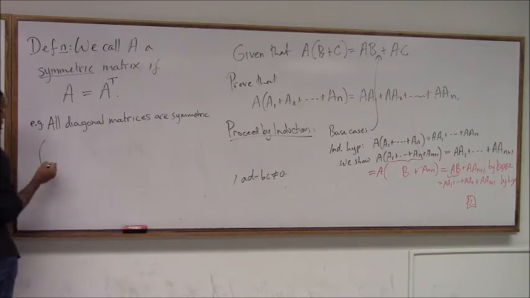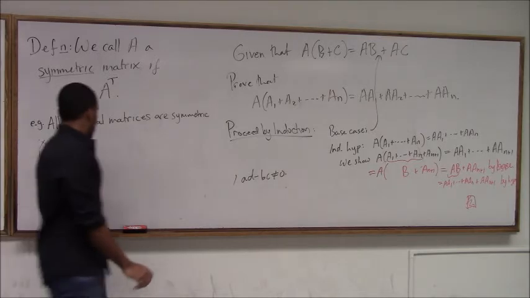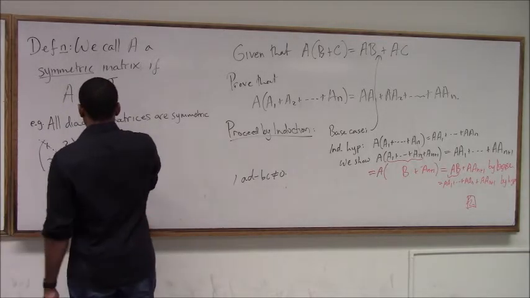I can give you another example, something like 1, 2. The idea is for symmetric matrices, the main diagonal works as sort of a mirror. So if I put a 3 here, a 3 has to be here. So notice that if I take the transpose of this guy, I get itself. So that's an example.